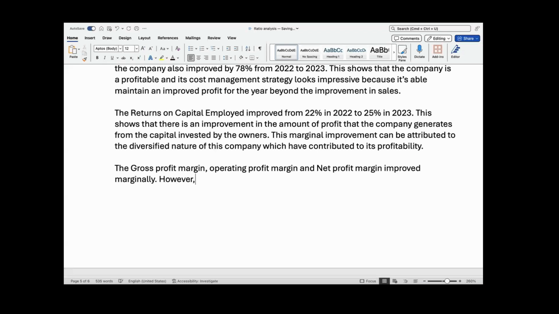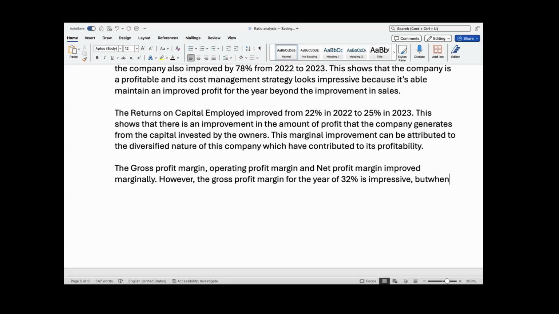However, the gross profit margin for the year of 32% is impressive.